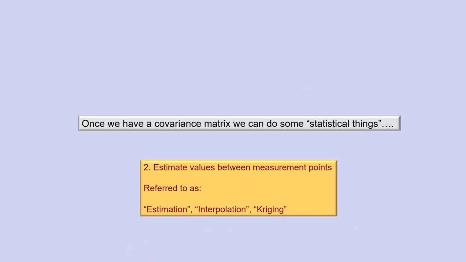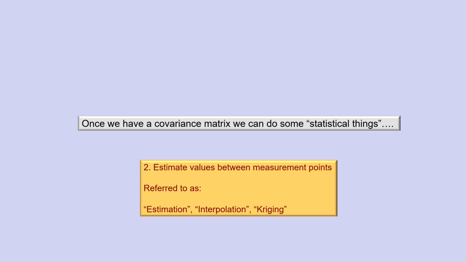Now that's one thing I can do once I have a geostatistical characterization of the variability of a hydraulic property throughout the model domain. Another thing I can do is use geostatistics, statistics, as a basis for interpolation between sample points. And this interpolation is then done in a special way.